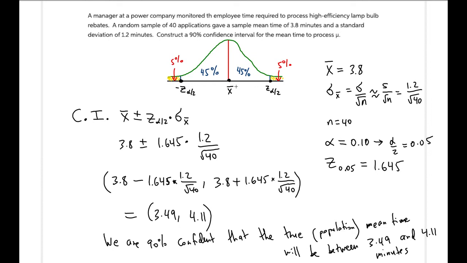Notice that due to symmetry, the z that we found can be simply negated as well. So if you were to negate it, you would still be correct. Even though the 0.05 is the positive, you could use the negative in the formula, because the 5% is symmetric, that leftover area, with the 5% on the right.